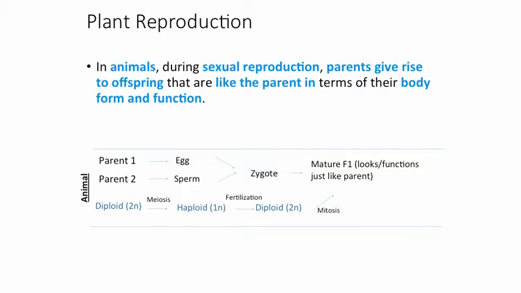They have a subset of cells that undergo meiosis to produce egg and sperm, which are haploid. Those haploid egg and sperm will then come together in a fertilization event to produce a new diploid zygote. That zygote will undergo mitosis and eventually will become a form that looks very much like the parents that started this whole process.